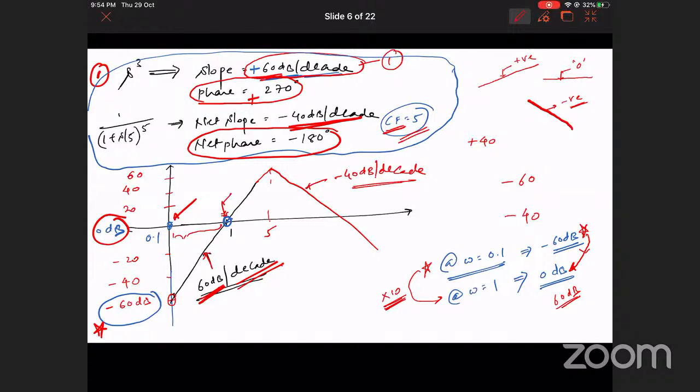Corner frequency is a critical frequency at which the magnitude changes its slope. Similarly, the angle also changes. The omega points at which the angle changes are called corner frequencies.